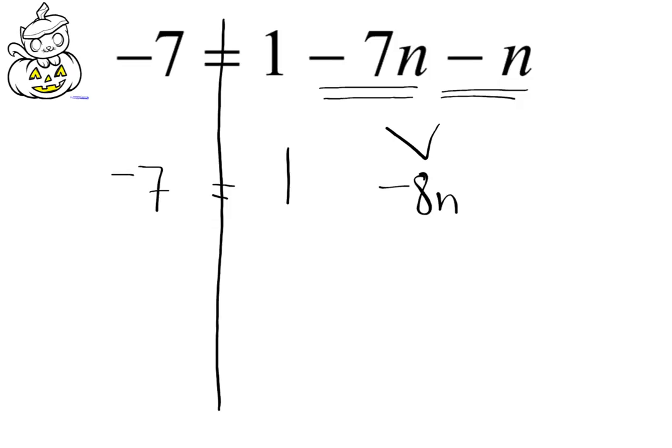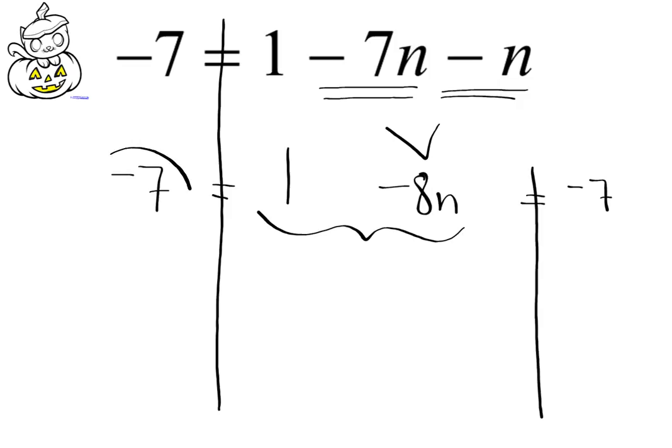I can rewrite this if I wanted to, so that I had negative 8n plus, hold it, I don't want to do it quite that way. I'm going to take this part here and leave it alone, and I'm going to write my equal sign here. I'm going to put what was on the other side of the equal sign over here.